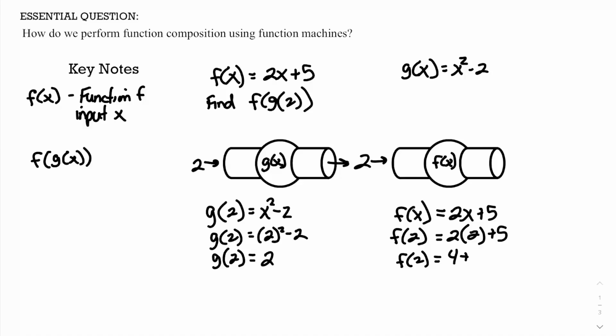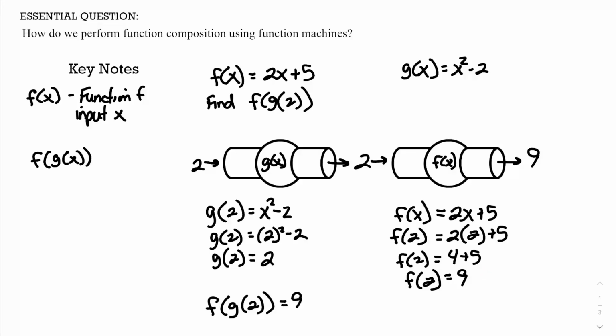So that becomes 4 plus 5, which is 9. So we get 9 out. That means that f of g of 2 equals 9, because we are plugging 2 into g of x, and we get 2 out. And then that 2 gets plugged into f of x, which becomes 9.